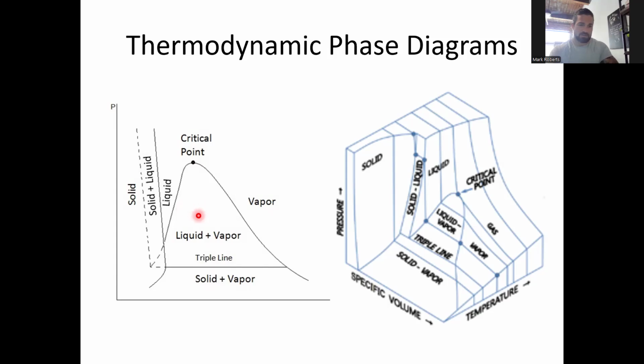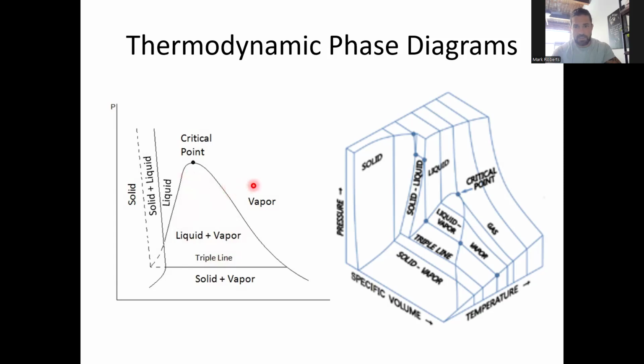There are many other points along this vapor liquid equilibrium curve, and this is called the phase envelope. On one side we have what would be saturated liquid. On the other side we have saturated vapor, and in the middle we have vapor liquid in equilibrium.